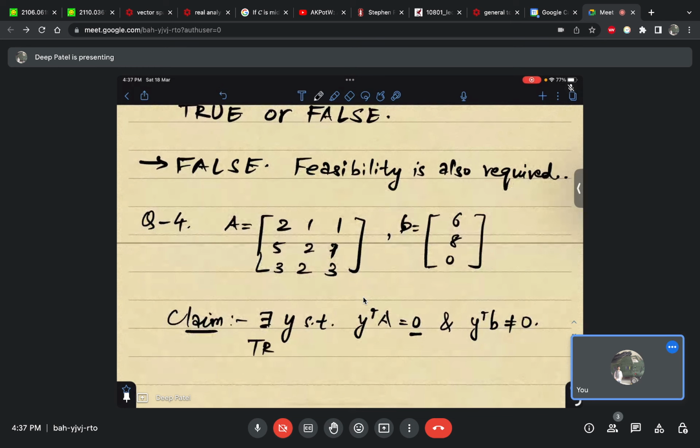So is this true or false? I was not sure how to proceed with this. I tried using Farkas lemma, but somehow I couldn't get the hang of it. How to proceed with this?